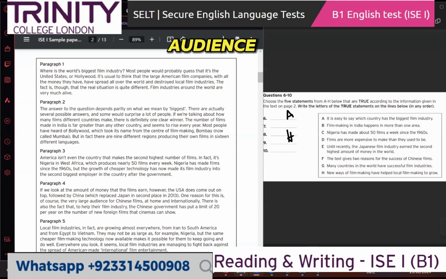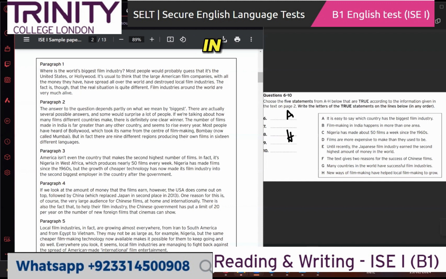Number 1 is the audience of Chinese people internationally and at home. That's the first reason of success. And the second reason is the Chinese government has put a limit of 20 per year on the number of new foreign films that cinemas can show, right? So F is true. There are 2 reasons for the success of Chinese films.